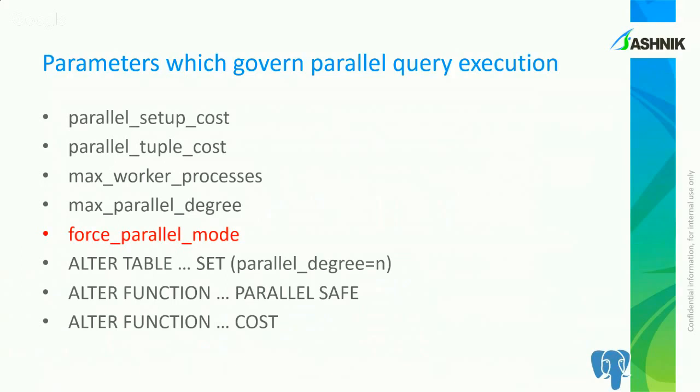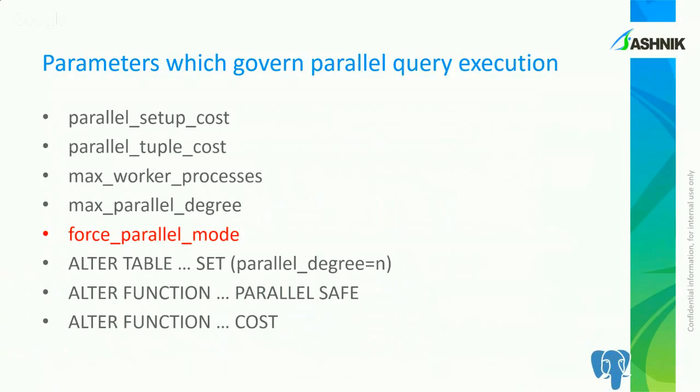If your costs are too skewed or they are not optimized for your functions, you may see that your optimizer may choose a parallel scan when it should not be choosing it, or it may not choose a parallel scan when it is going to benefit from it actually.